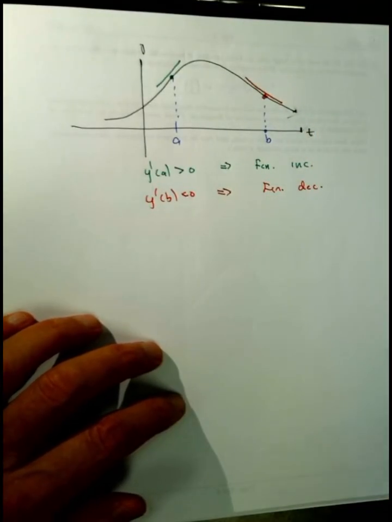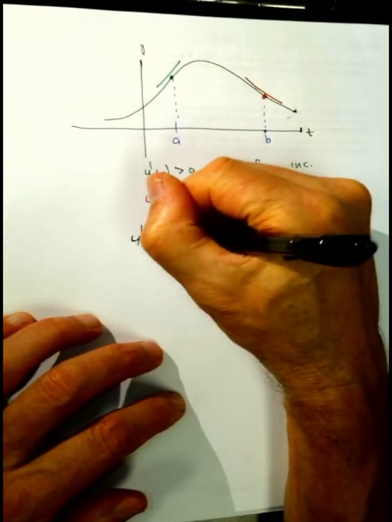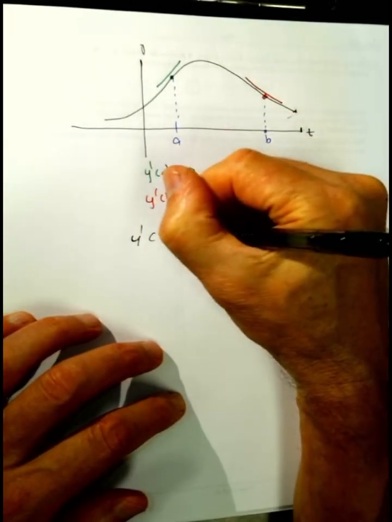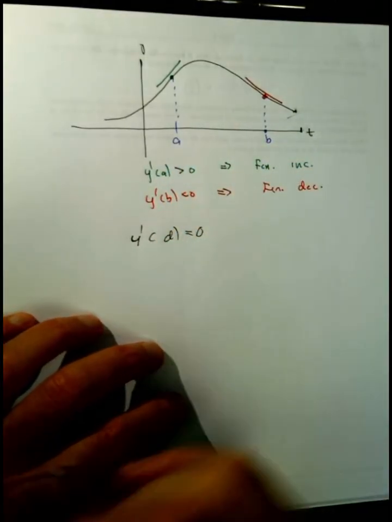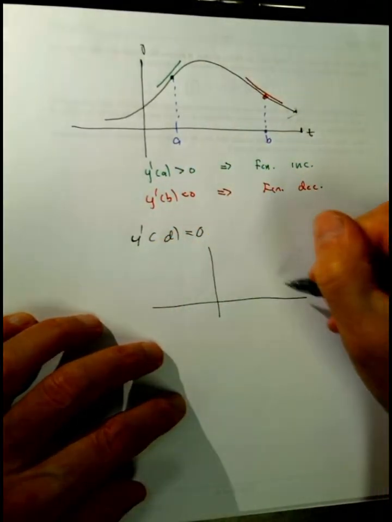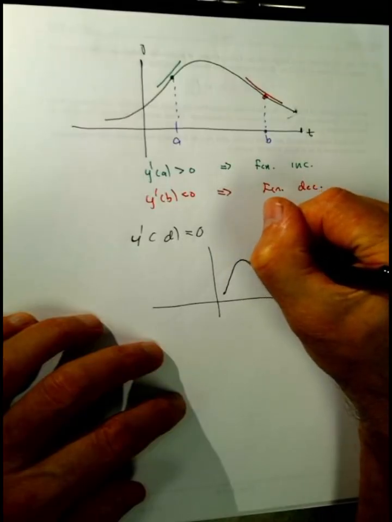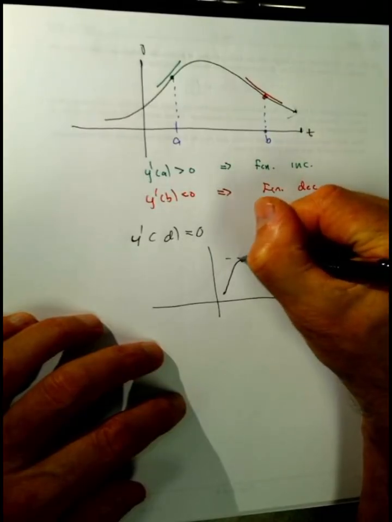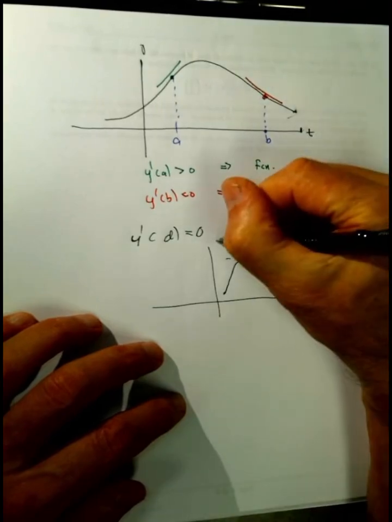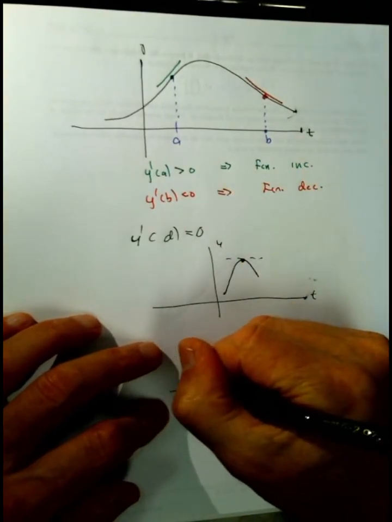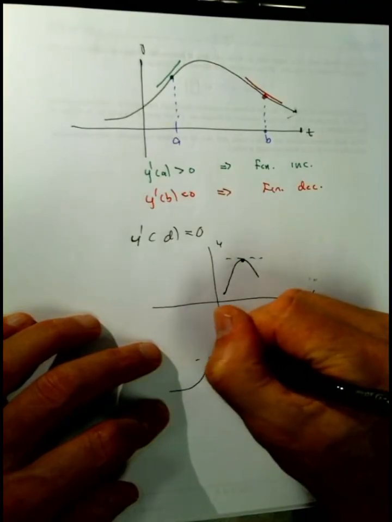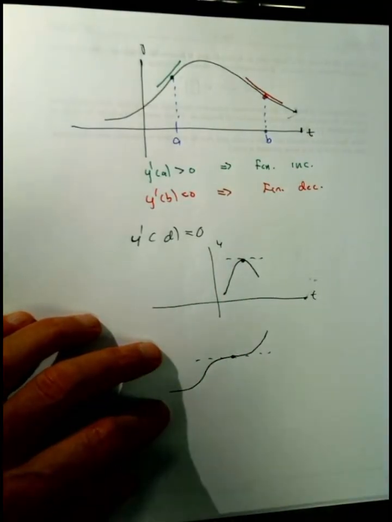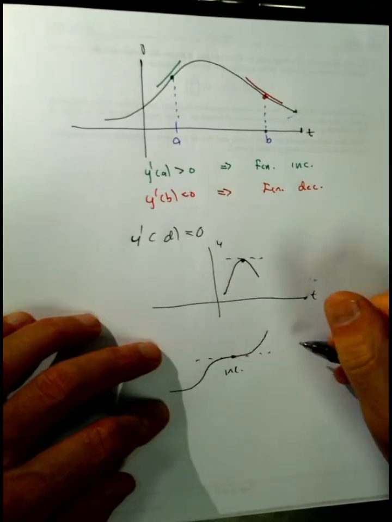Now we've got to be a little bit careful here. Suppose I tell you that y prime of some function at d is 0. By itself, that tells us nothing, right? Because we could have a situation where it's a max or a min, but we could also have a situation where it just levels out and then is still increasing, but the derivative is 0.